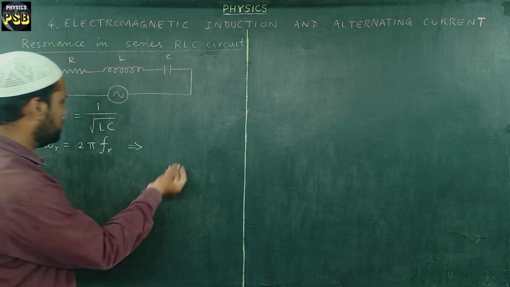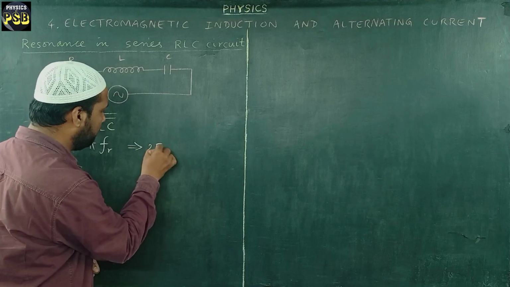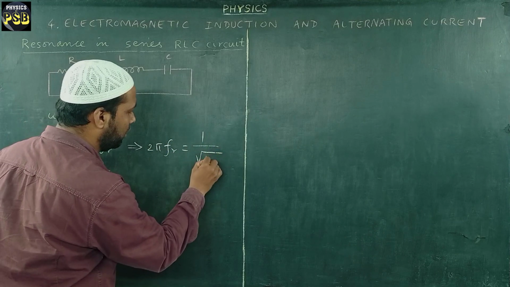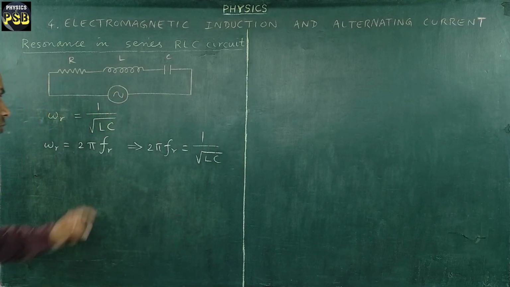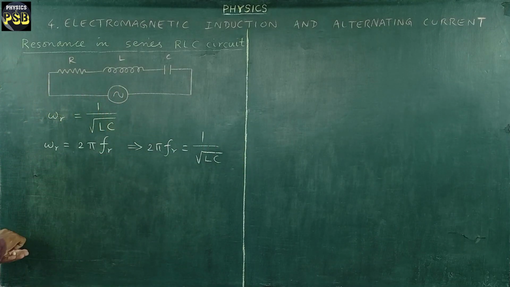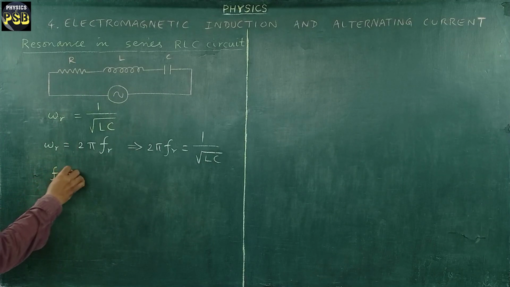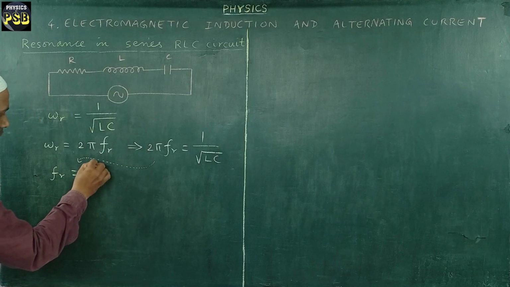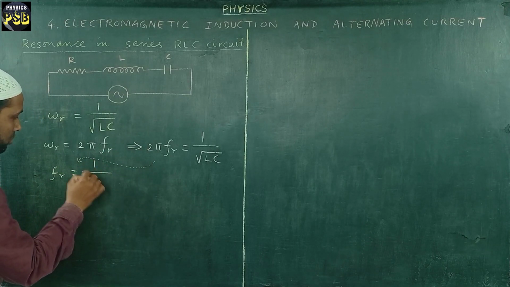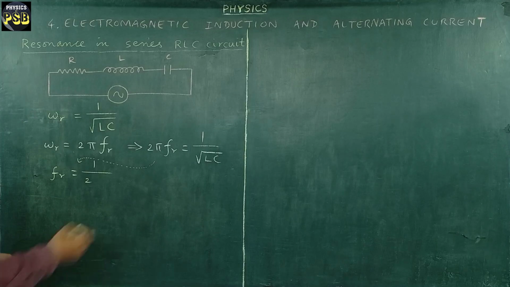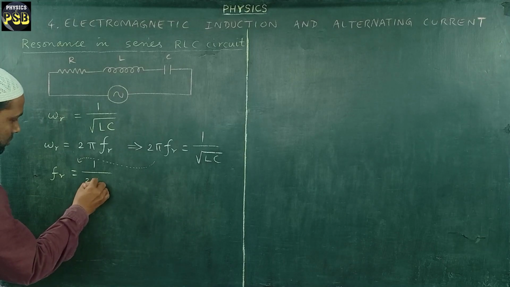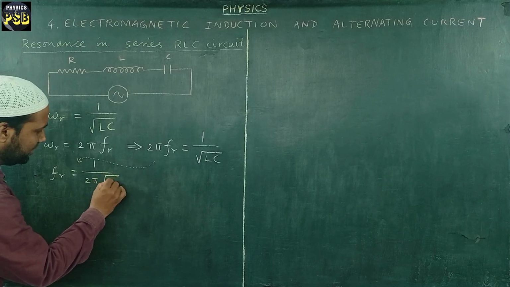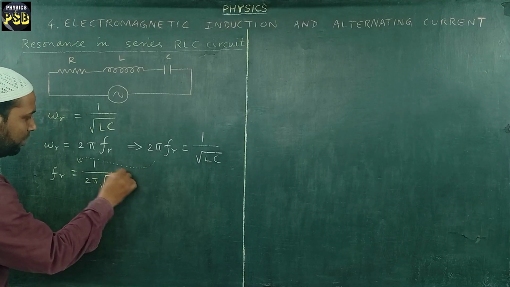Substituting this value in the above equation, we get 2 pi f R is going to be equal to 1 upon root of LC. Now, from this expression, f R value is going to be 1 upon, here 2 pi is taken to the right hand side. Here it multiplies, here it will divide. 2 pi root of LC. This is what we obtain.